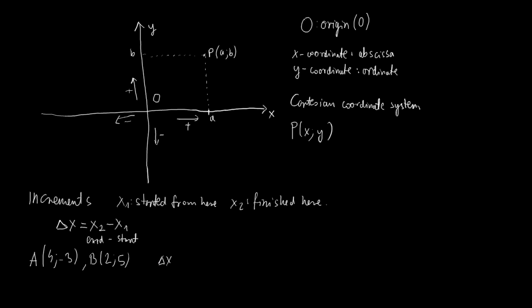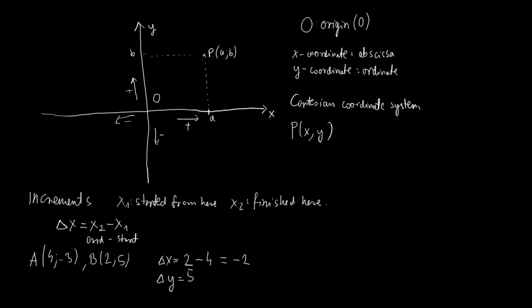We know that delta x equals the end minus the start, so we subtract 4 from 2, because we started at 4 and ended up at 2. So the increment of x is -2.